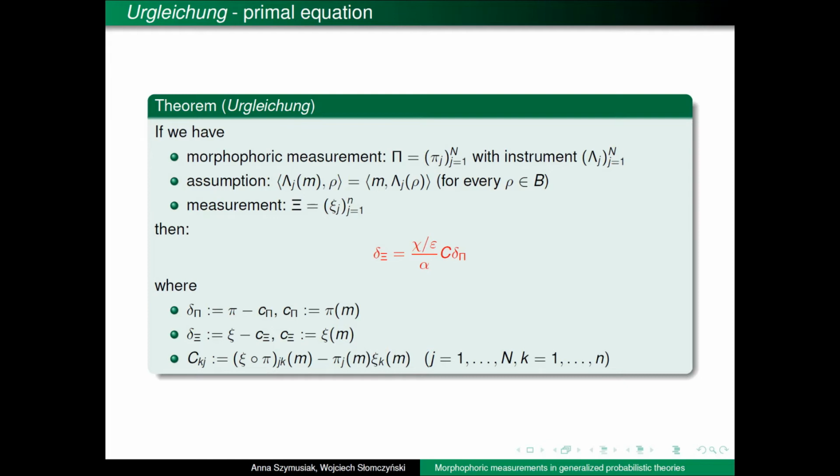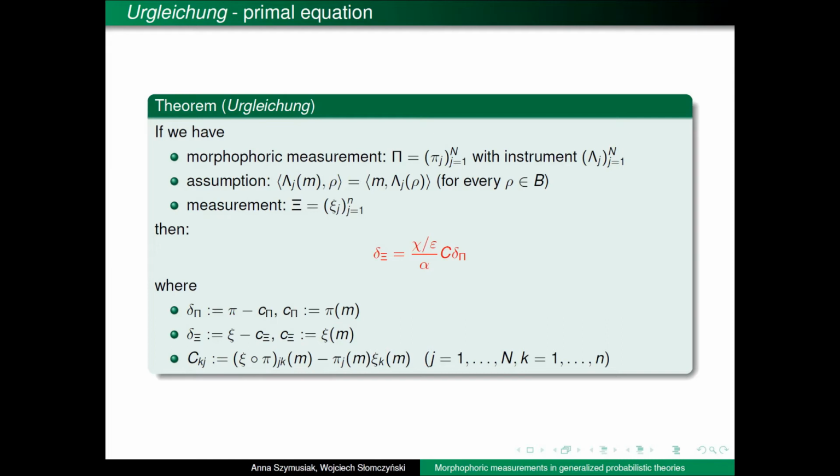The question is whether it is possible in every GPT to construct a morphophoric measurement, and the answer is I don't know. In the real case, you cannot get a set of equiangular lines that is large enough to span the space of operators.